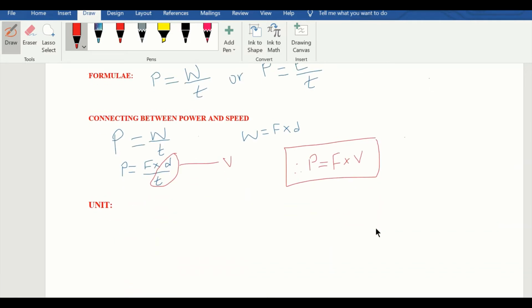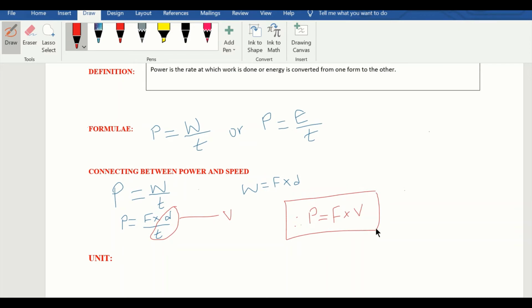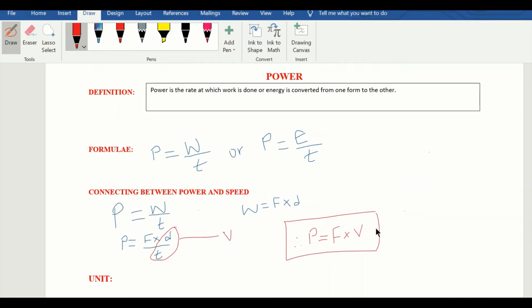Please note that the unit for power is joules per second. How did I get that? If you look at this definition, power is energy over time, energy in joules, time in seconds. So from this equation, the unit for power is joules per second.